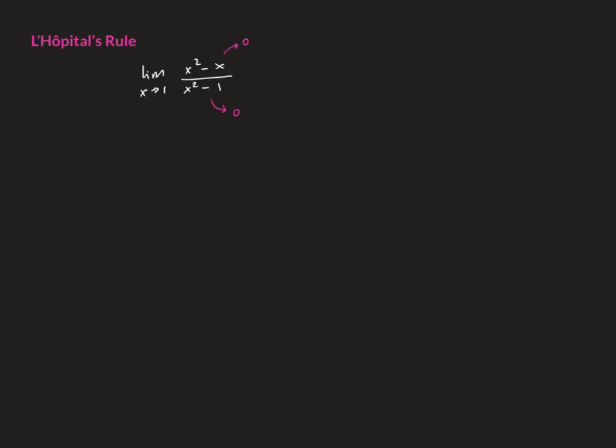So in the case of this limit, what we used to do was find some way that we can modify this expression, and the tool that we used back then was factorization.